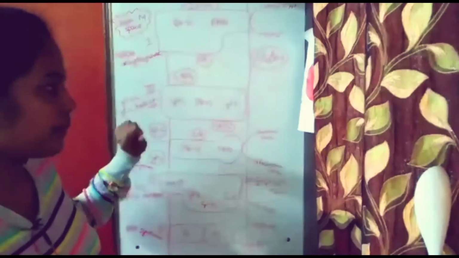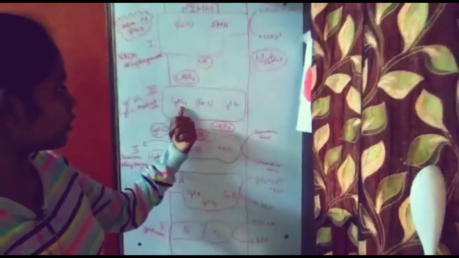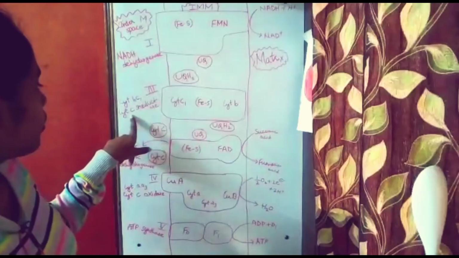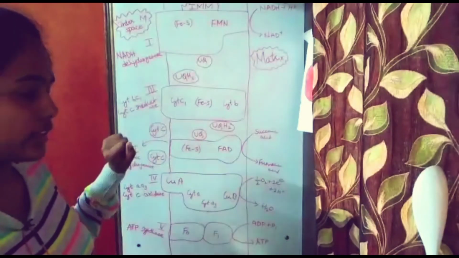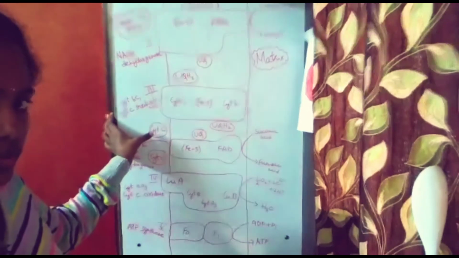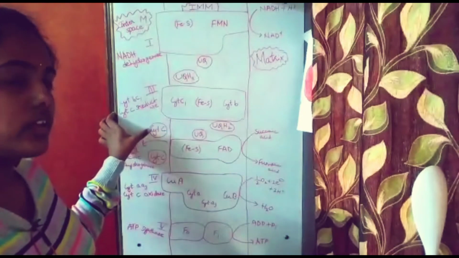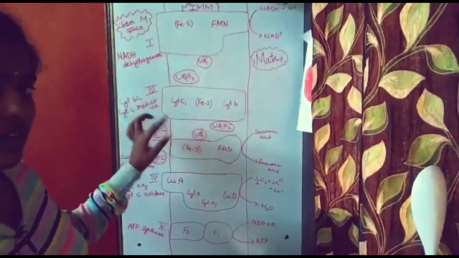Coming to the third complex, it is called cytochrome BC1 because there is a cytochrome C1 and cytochrome B. Why is it called cytochrome C reductase? From here, electrons are getting transported to cytochrome C. Here cytochrome C is getting the electrons, right? So cytochrome C reductase.